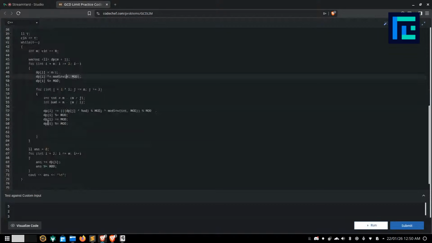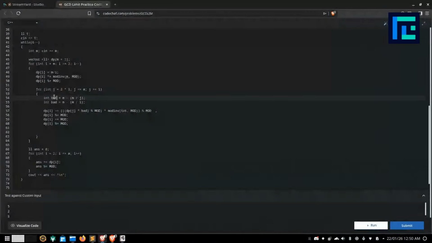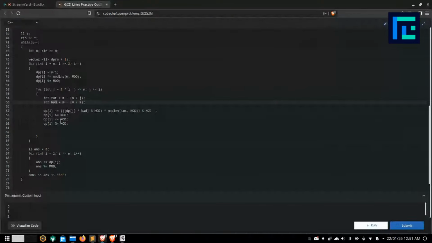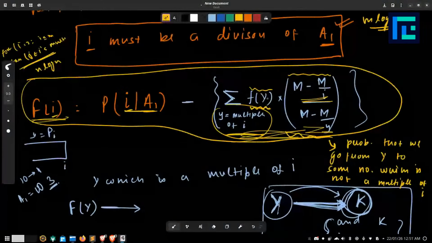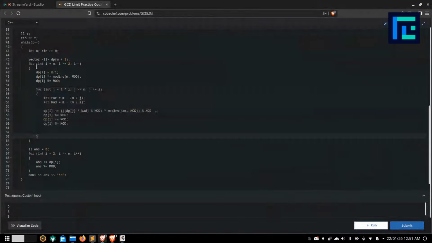When subtracting, total is m minus m by j, and bad is m minus m by i. So we do dp of i minus equal to dp of j into bad upon total, and we run this for loop for each multiple of i.